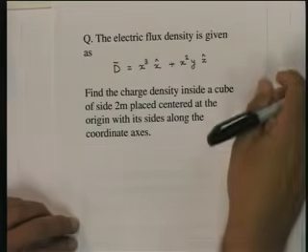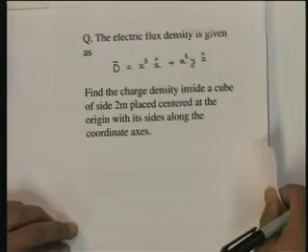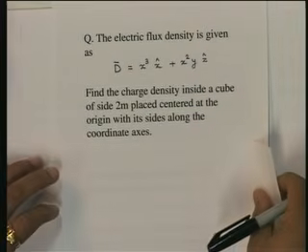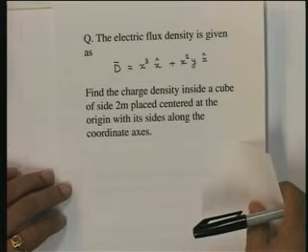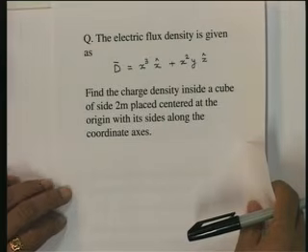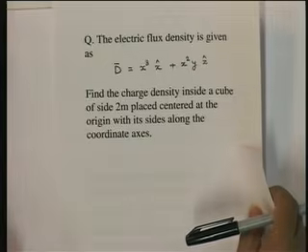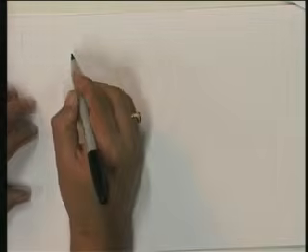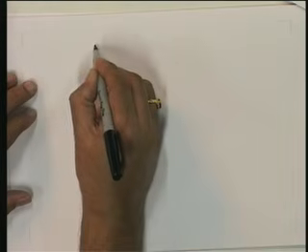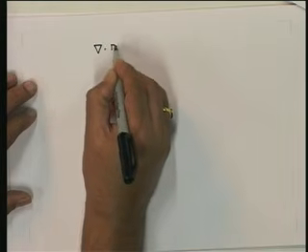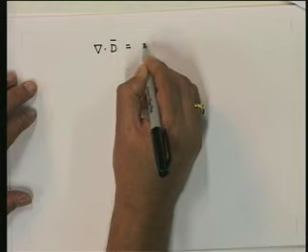So, now we can apply the Gauss law in the differential form to find out first the charge density, and once you get the charge density, then we can find out the charge enclosed inside the cube. Firstly, we know from the Gauss law that del dot D is equal to the volume charge density rho.